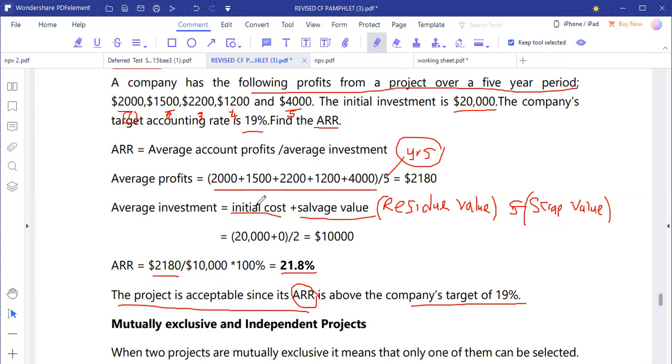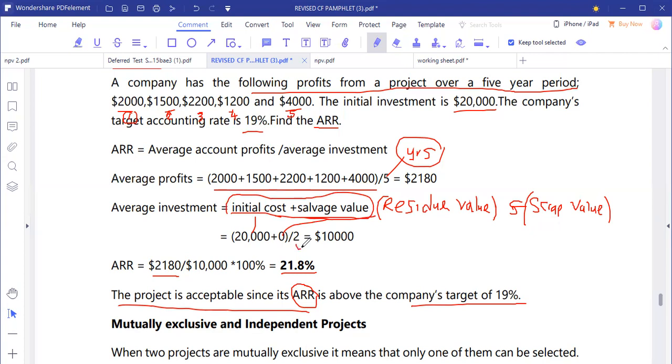So these two, initial cost and salvage value, that's where the 2 is coming from as we divide. Now, since the salvage value is not given, this one is a 0. Then the initial cost is 20,000. So the addition of these two, the salvage value and the initial cost, that's where the average of a 2 is coming from.